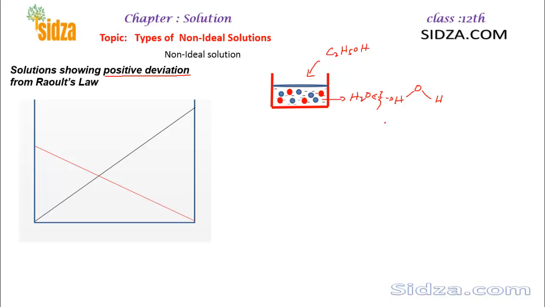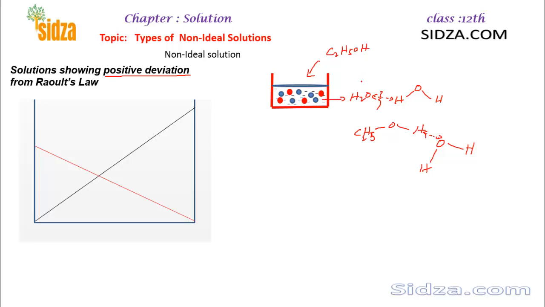Now once you add ethanol, C2H5OH, it can also interact with the water and form hydrogen bonds, but the force of attraction between the ethanol and the water is weaker than what you find between two solvent molecules.